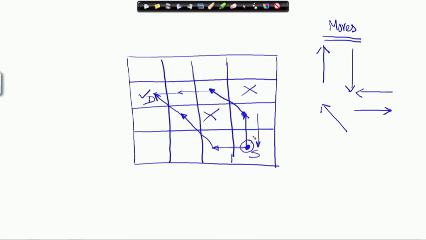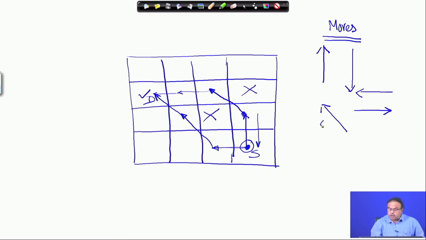In that case, suppose the diagonal move costs you 5 and all other moves cost you 2. Then what would be the cost in this path?